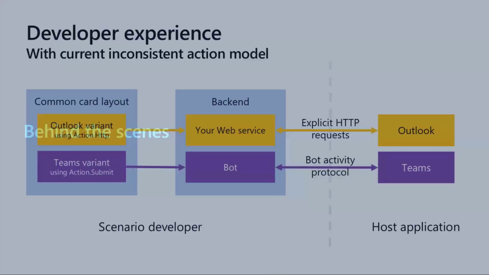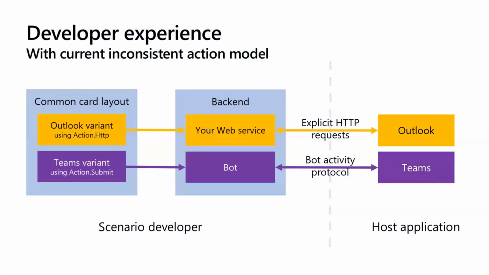So going into behind the scenes, this is what the current inconsistent action model looks like. We'll just be talking about what's changed and pretty much covering what's happening behind the scenes. On Outlook, you would have your web service on the backend, while on Teams, when you were using Action.Submit, you would have had your bot doing the legwork.